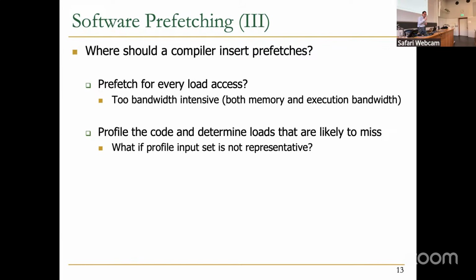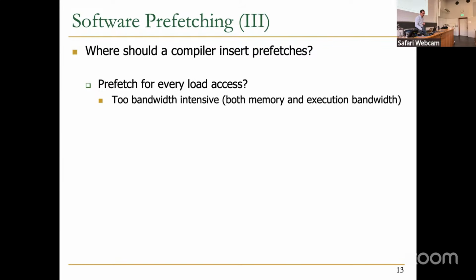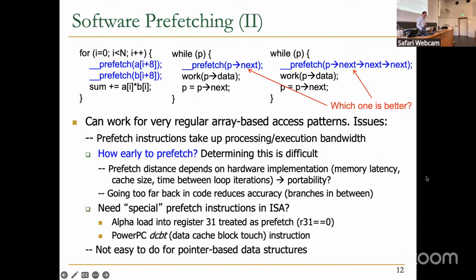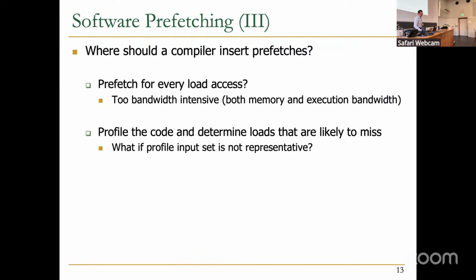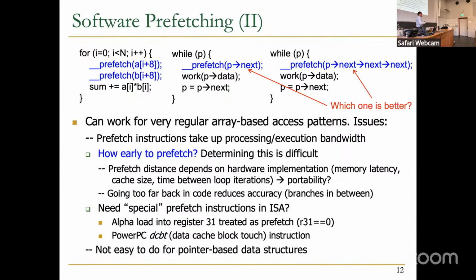There's another issue that's also interesting, which is related to portability again. You optimize your program nicely. You insert the prefetch instructions, and the program is running nicely when it's run by itself.